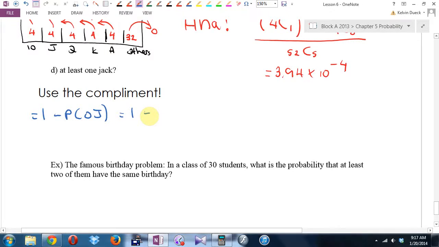On a quiz, on a test, I would never try doing the bucket in our heads, but just to show you that it can be done, we would say, visualize the bucket. We want jacks. How many jacks do we want to pick? First of all, how many jacks are there? Choose, how many do I want to pick? And how many non-jacks are there? 48.